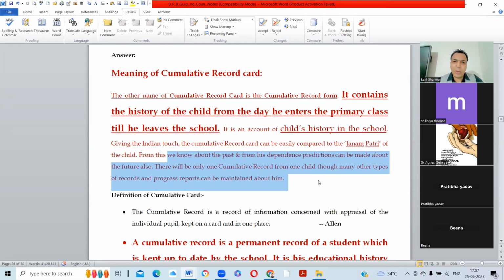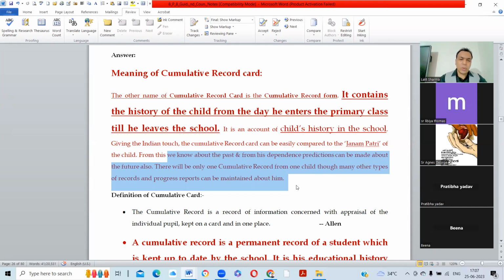Then from the cumulative record we come to know that up to class 6 they got very good marks, but why are they not progressing in the 7th or 8th class? Then we will come to know that the problem is not within the student, the problem is in the teaching method of the teacher, right? So it helps a lot to know about the student.